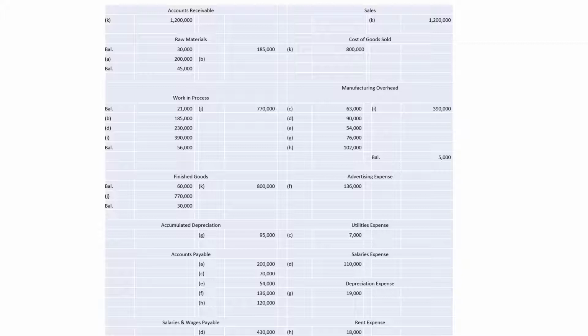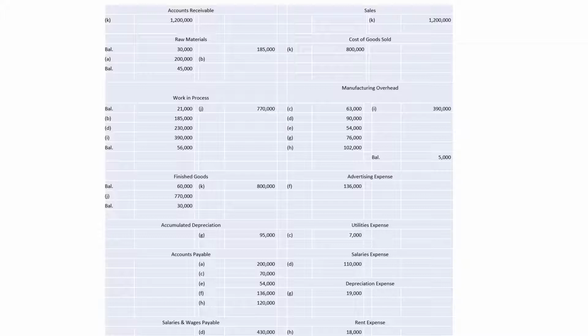In I is when we applied the manufacturing overhead by debiting work in process, $390,000, and crediting the manufacturing overhead account, $390,000. In J, we debited finished goods, $770,000, and credited work in process, $770,000.